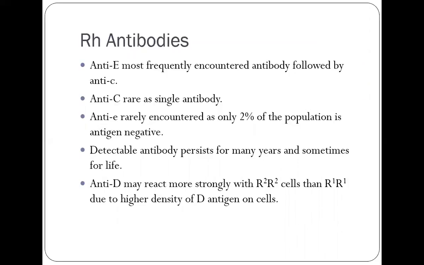So if I were getting ready to set blood up for somebody and I saw that 2 years ago we had agglutination and it proved to be an Rh antibody, I can't say, oh, it's not demonstrating today, I'm just going to give them any blood I deem necessary. No, that's not possible. You can still kill somebody because they can have that secondary anamnestic response, so you must still give Rh compatible blood.